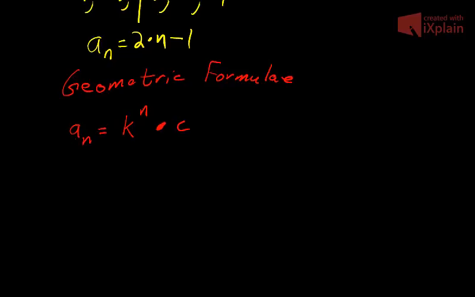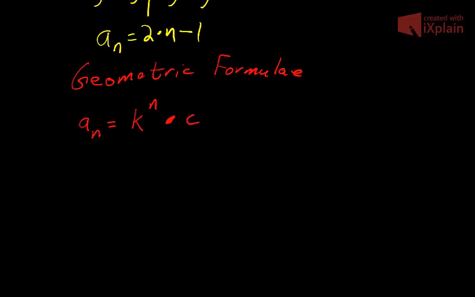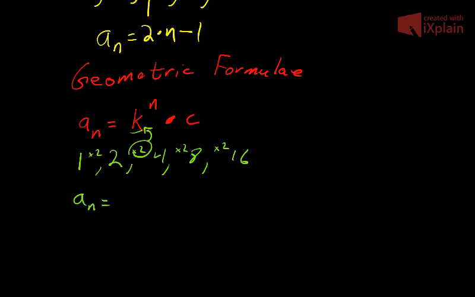I like the number c. It's a good number. And what we're going to do here is I'm going to pull up that first geometric one we did, which was 1, 2, 4, 8, 16. If we look, every time here we multiply by 2. So what that's going to mean is a sub n is going to equal, this 2 is going to be the same thing as the k.